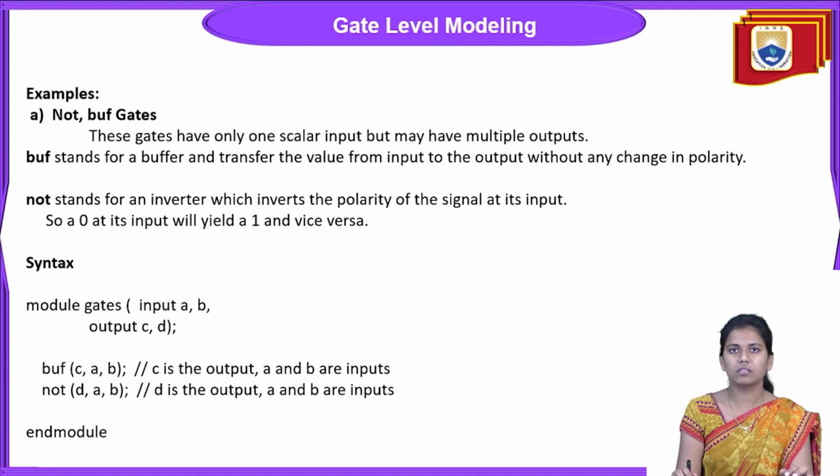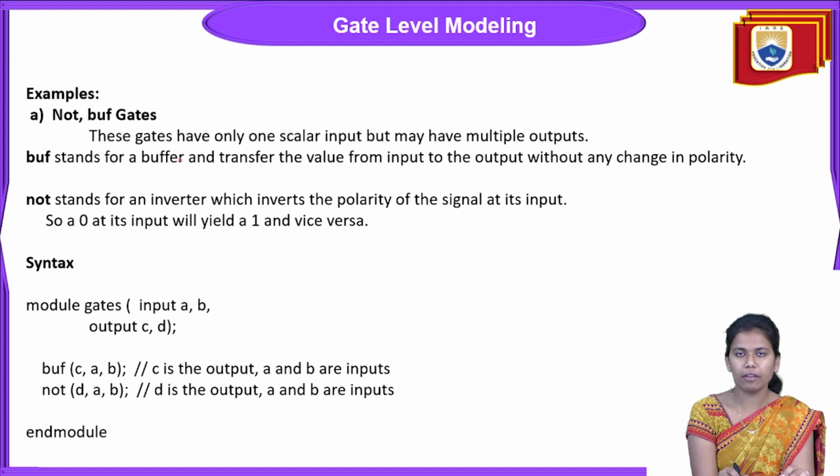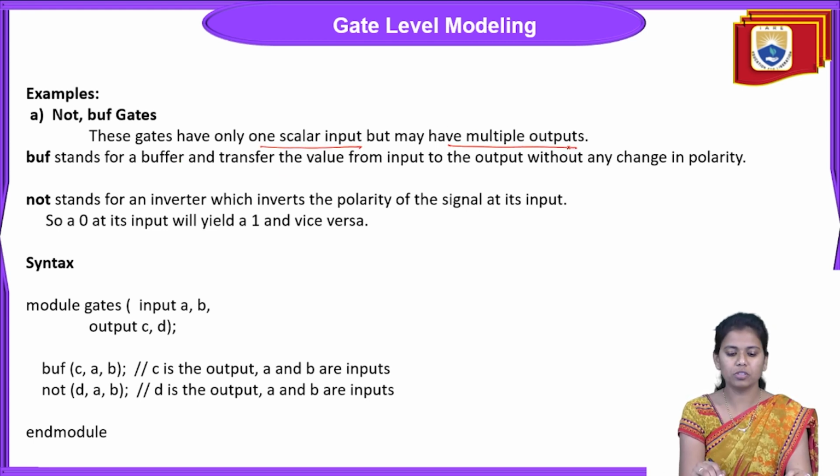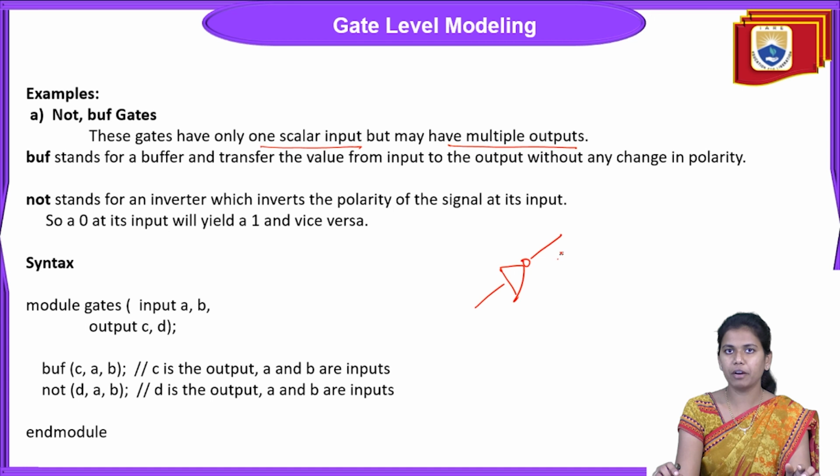Coming to the examples. Here we have NOT and buf gates, by making use of the gate primitives NOT and buf. These gates have only one scalar input but have multiple outputs. So NOT gate, one input, multiple outputs, and buffer also. Okay.